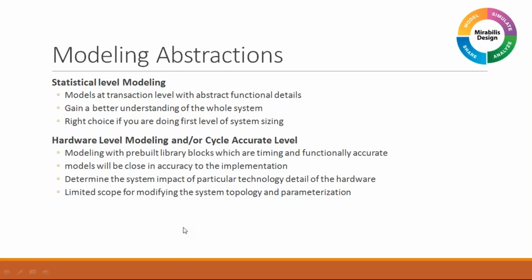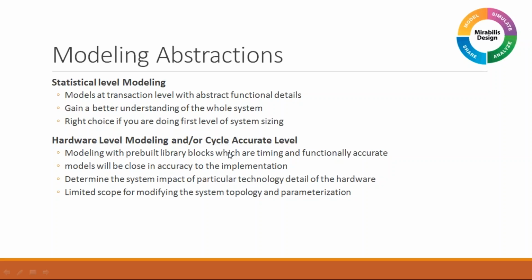Okay, so I just showed you an example around a statistical level of modeling versus hardware architectural level modeling. The main difference between these two architectures was you need to have more information about a particular architecture, and you are actually trying to explore a particular configuration or maybe a sequence.